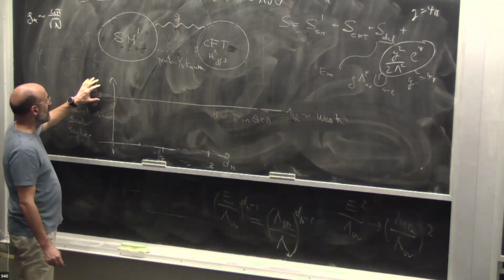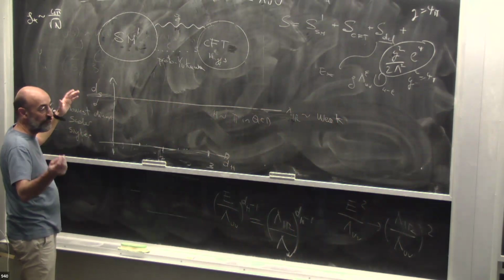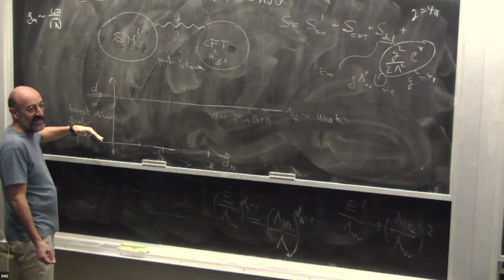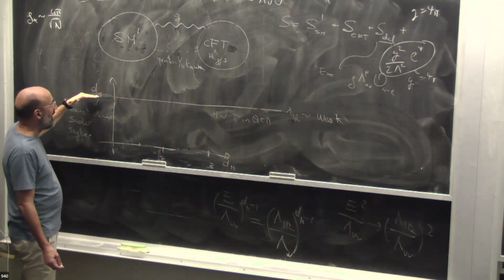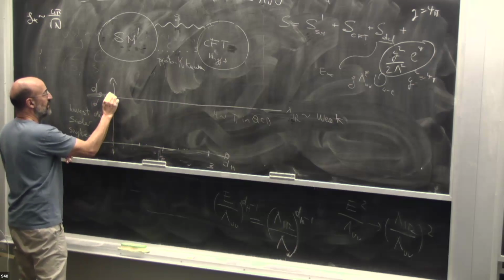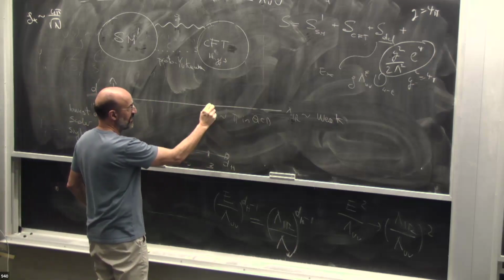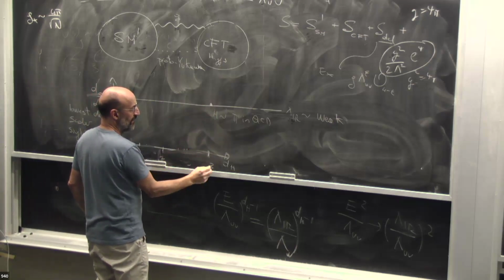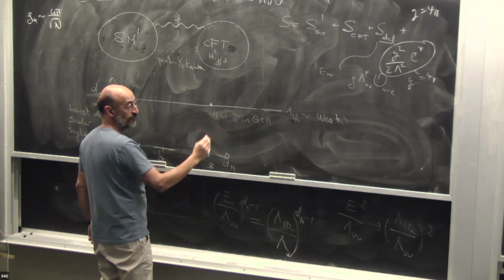This object is the dimension of the most relevant deformation, which for Technicolor is essentially 4, and in the standard model Higgs is 2. You would like this dimension to be not significantly smaller than 4. So in Technicolor, you are essentially here. The dimension of H is 3, the dimension of S is about 4.